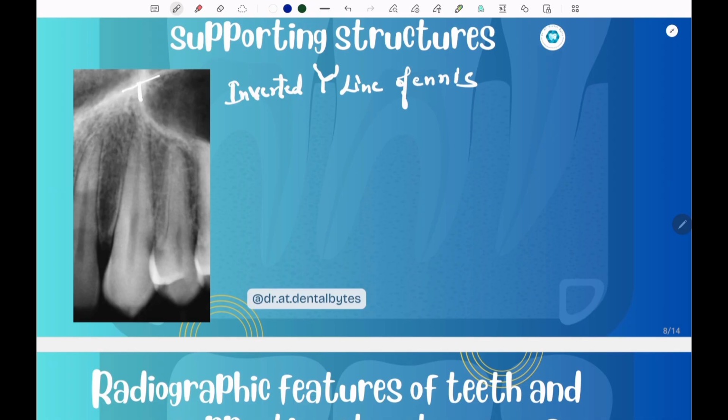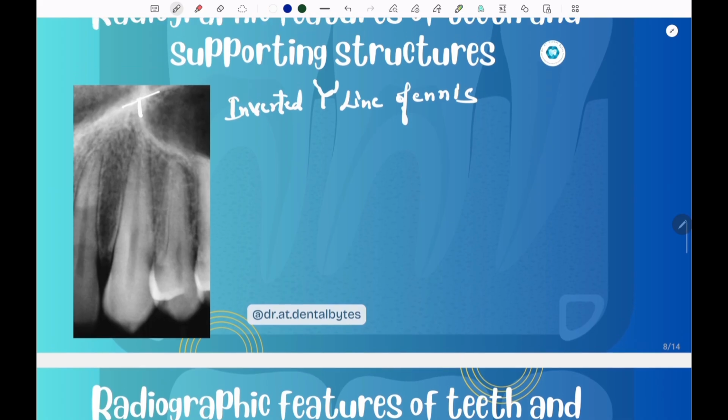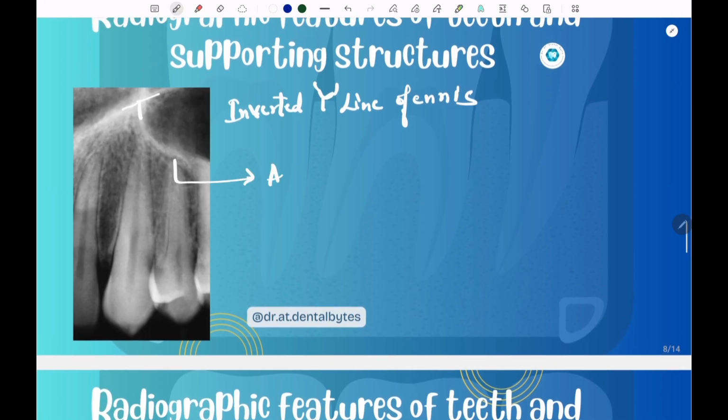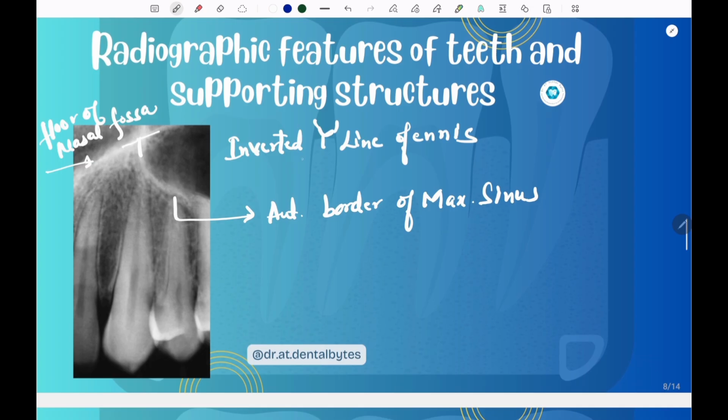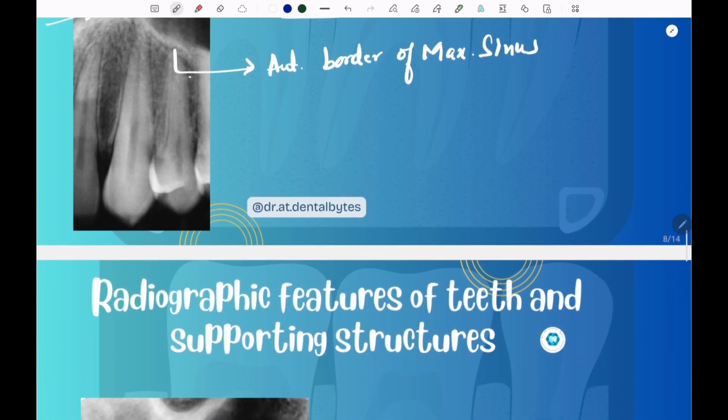It is formed by the anterior border of the maxillary sinus and the floor of the nasal fossa.